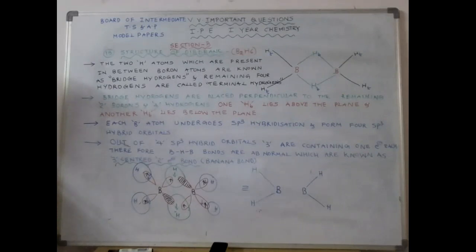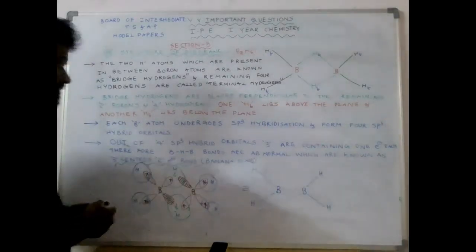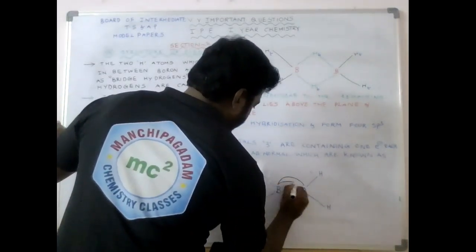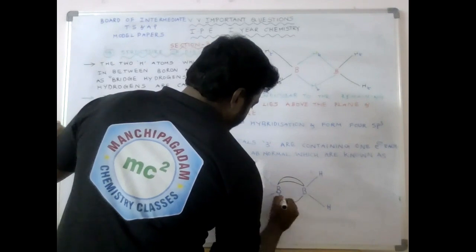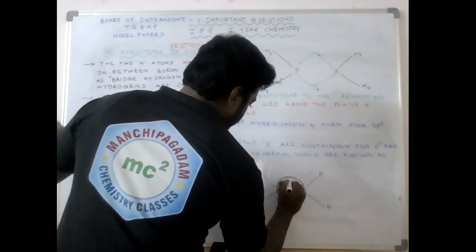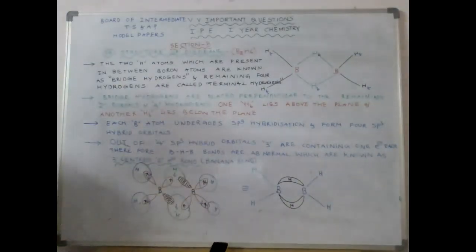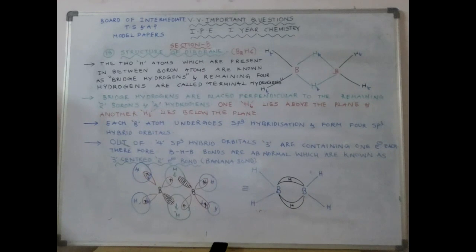The bonds present between the two borons are abnormal bonds, correct? Here the bond will become like this, here also the bond will be like this. What is there here? Hydrogen only. So the shape of that bond is just like a banana, right? Just like a banana. That is why it is called a banana bond, and also called a tau bond.